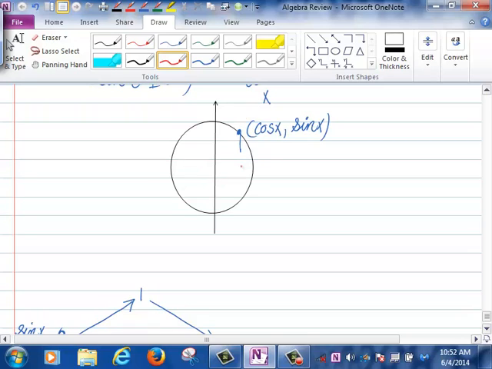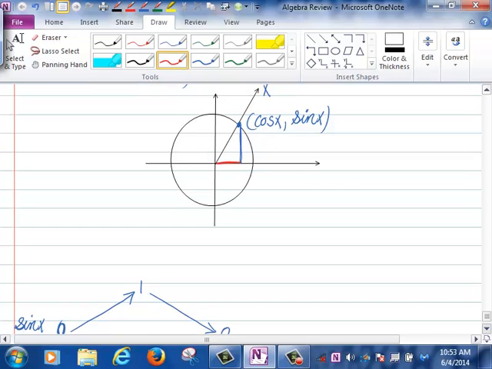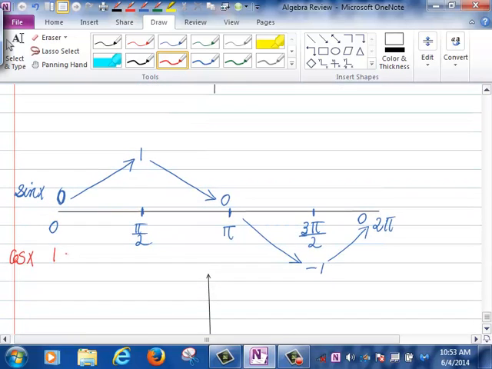So when the angle is 0, cosine x is 1. And then as the angle goes up to pi over 2, this length is shrinking to 0, right? Okay? What is happening between pi over 2 and pi? This length is increasing in the negative direction, right? So it's going from 0 to negative 1.